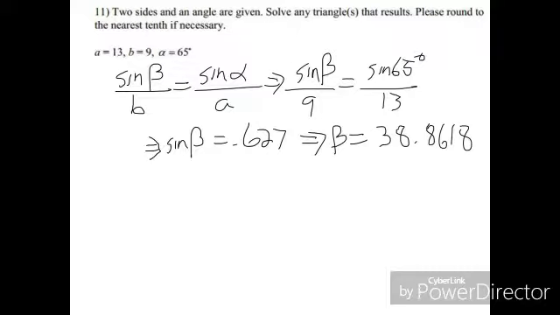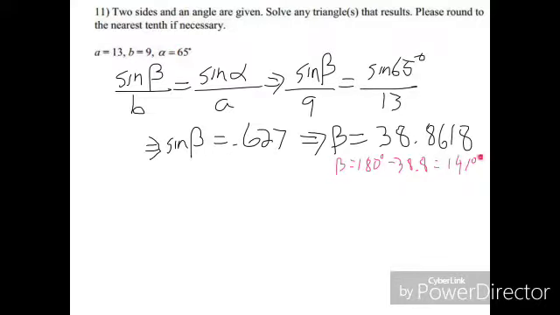It's possible the beta could also be 180 minus 38.8, 141. But I'll tell you why it isn't. This is how you would get a second triangle if you could. B is smaller than A. So the angle opposite, beta, will be smaller than the angle opposite, alpha.